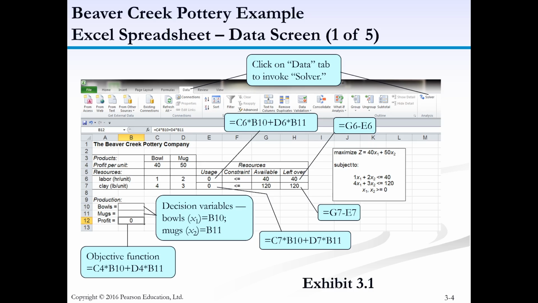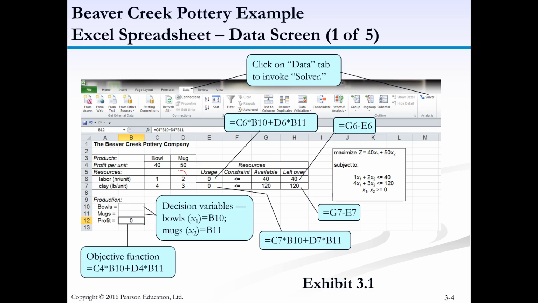Now this is the Excel spreadsheet where we can solve the problem. I can show you the old problem, which was how many bowls to make and how many mugs to make. We had two products and we had two constraints also. One was the labor constraint and another was the clay constraint.